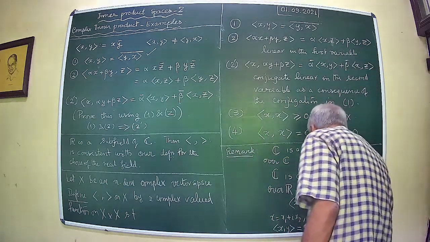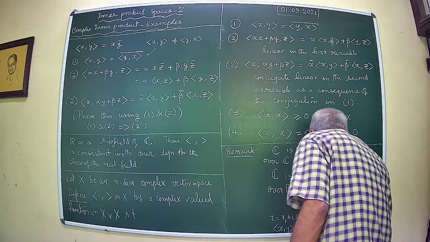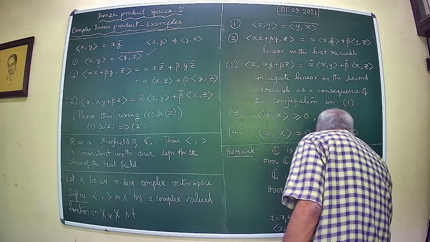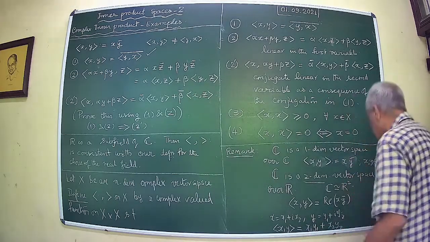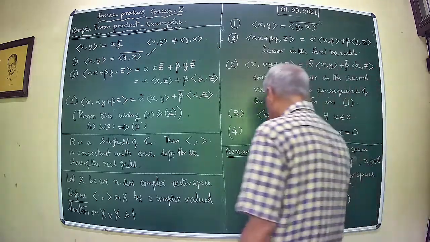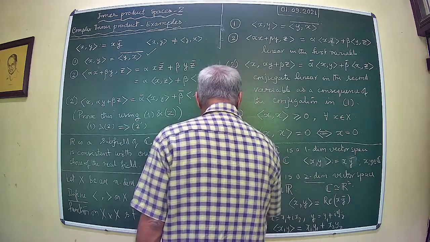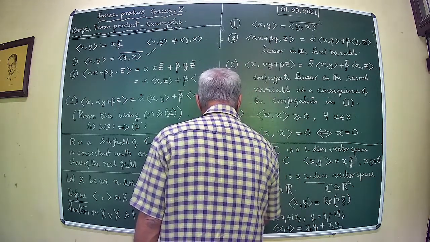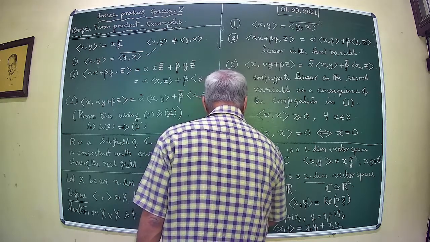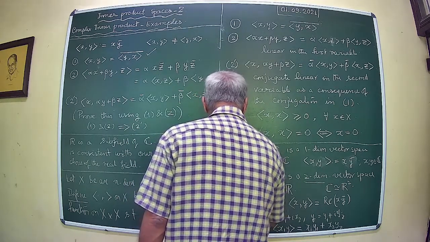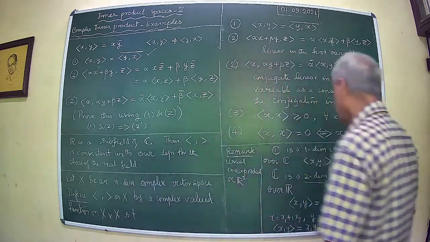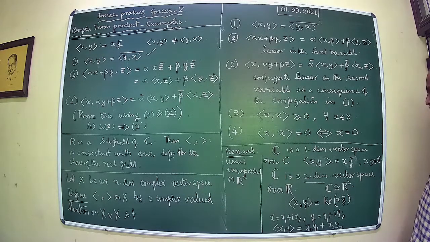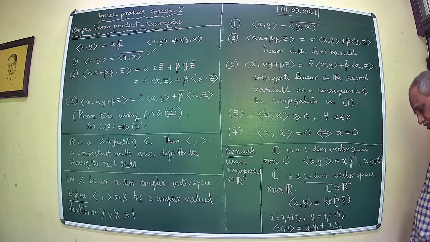The real part of this is x1 y1 plus x2 y2, and this is the usual inner product on R. So this is the usual inner product on R. Okay, so that is what we observe here, right?